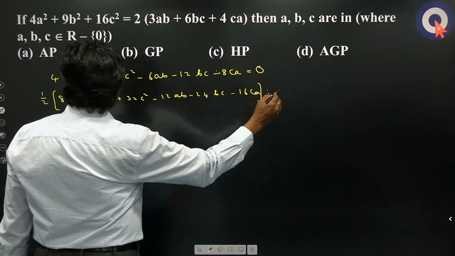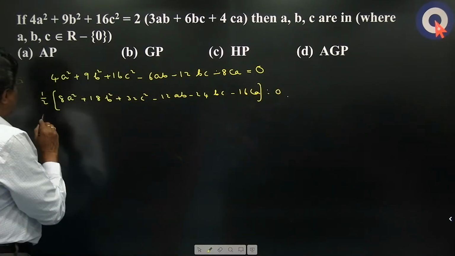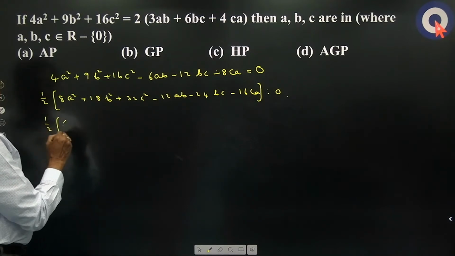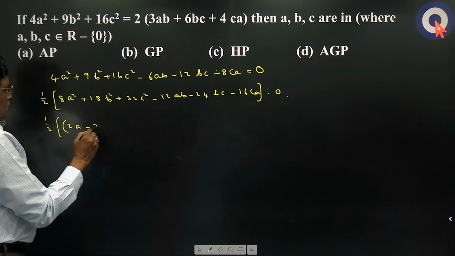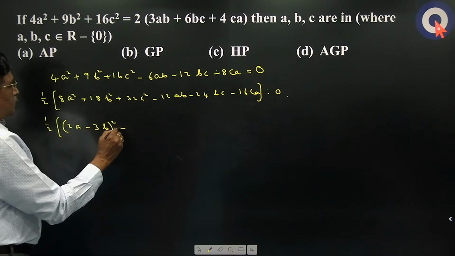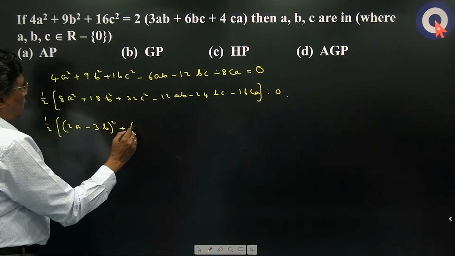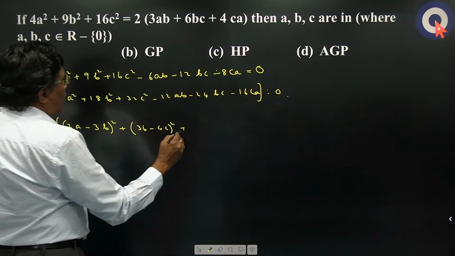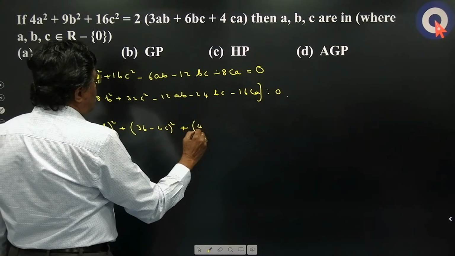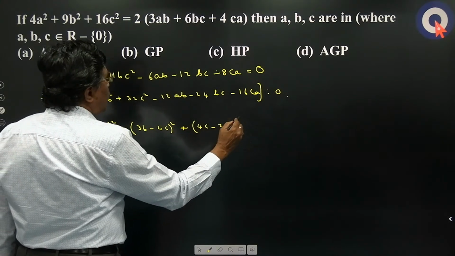All right, this is equal to 0. So this is half into 2a minus 3b whole square plus 3b minus 4c whole square plus 4c minus 2a whole square is equal to 0.